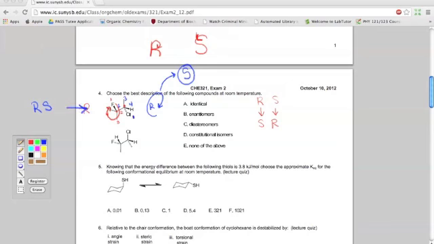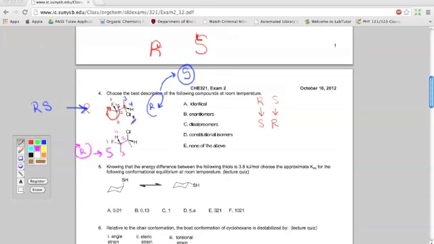Now this one. So we're just going to do the same exact thing, and we're going to determine R and S. This is 1, 2, 3, 4. So it's going to move in this direction, which is going to be R. But remember what I just said over here, your hydrogen has to be in the dash position. So you're going to change that into an S, since it's not.